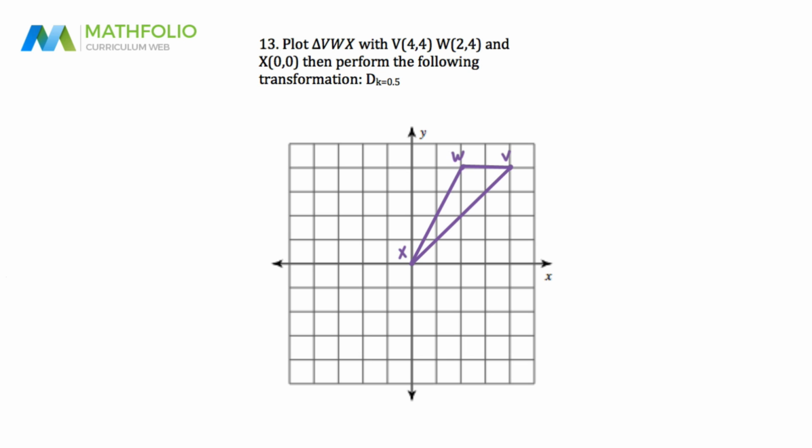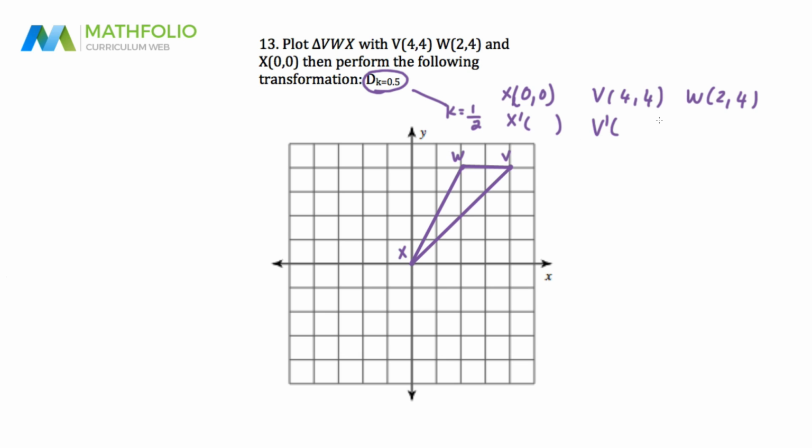All that we have to do is take the scale factor, which is 1/2, and multiply it by each of these points. So we have V 4, 4, we had W 2, 4, and we also had X at 0, 0. So when we times them by K is 1/2, okay, let's get everything ready.